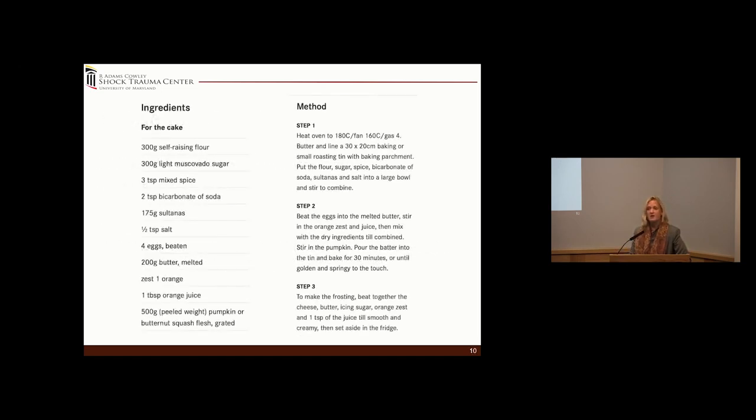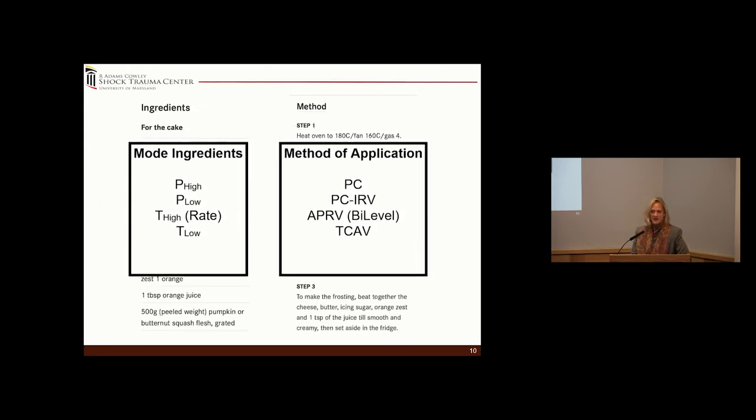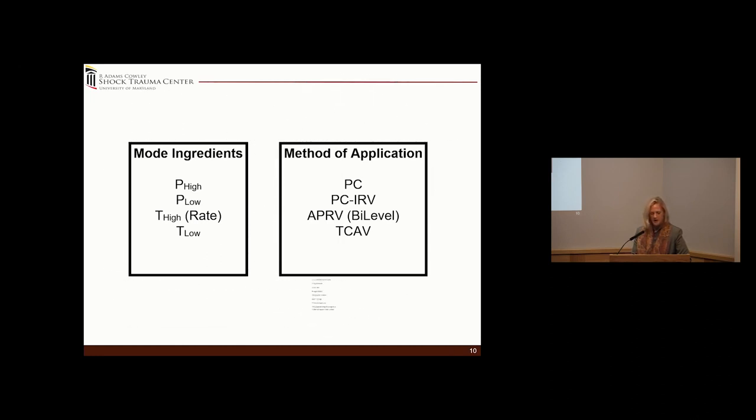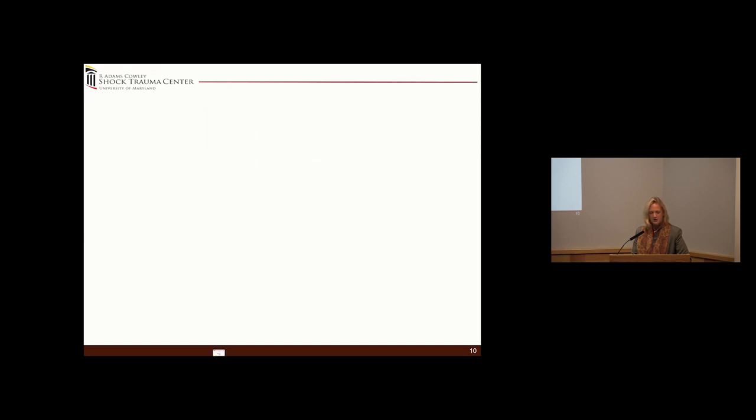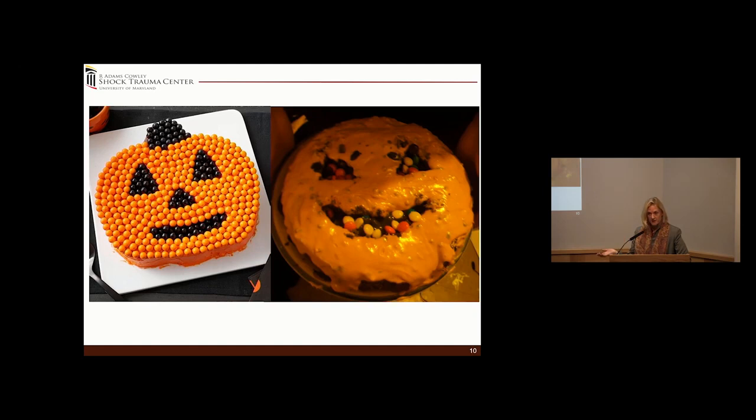So here are our ingredients for the cake, and here's our method. What's similar is we have mode ingredients, or settings, and we have the method of application, or the actual way that you set this mode. If applied with one method, you may have a different outcome than when applied with the TCAV method.